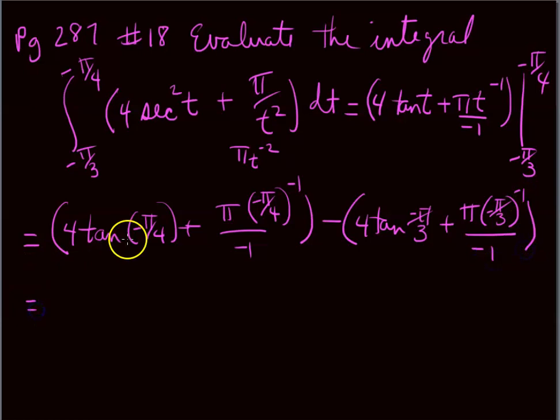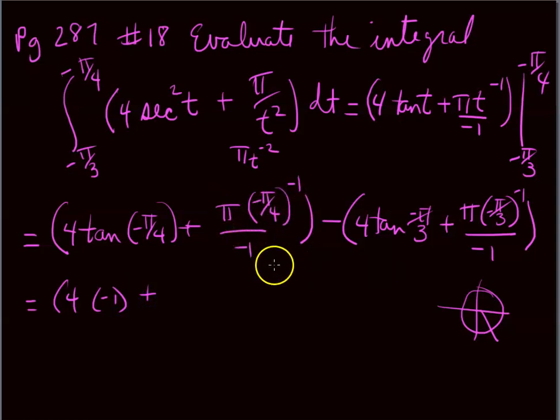Okay. What is the tangent of negative pi over 4? Negative pi over 4 is in the 4th quadrant, and the tangent of pi over 4 is equal to 1, but in the 4th quadrant it's a negative 1. So 4 times the negative 1 plus. Now with this pi over 4 being moved to the denominator, let's put the negative out front from this negative 1 here.